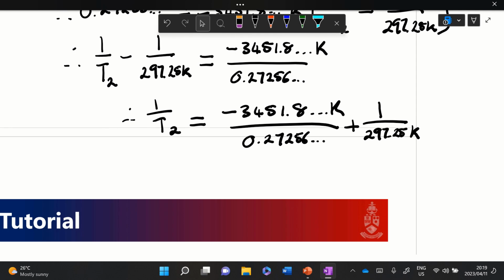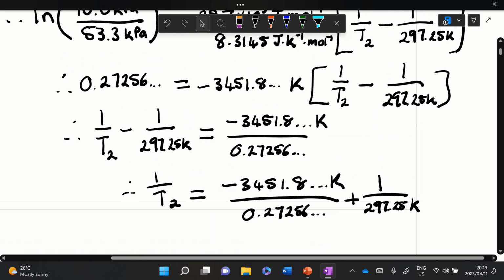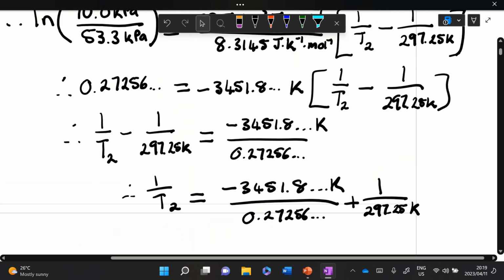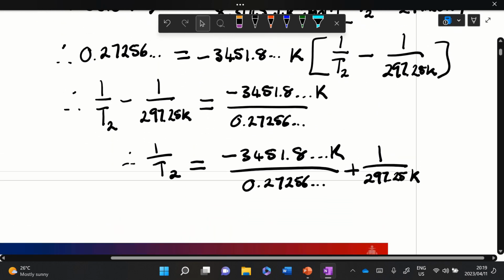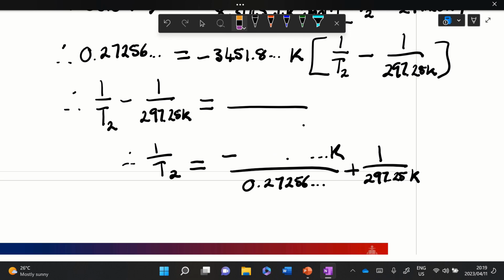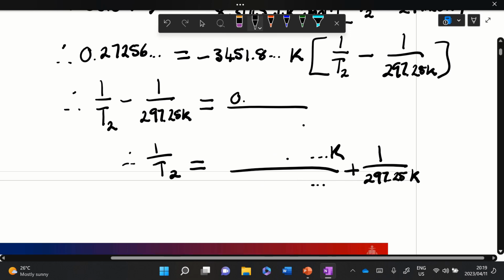So you'll see it actually, oh no, goodness sake, I made a little error here. This used to actually switch around. Oops. The 0.27256 is on top, and the minus 3451.8 is below.